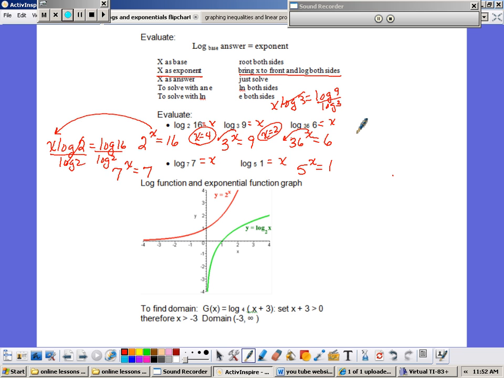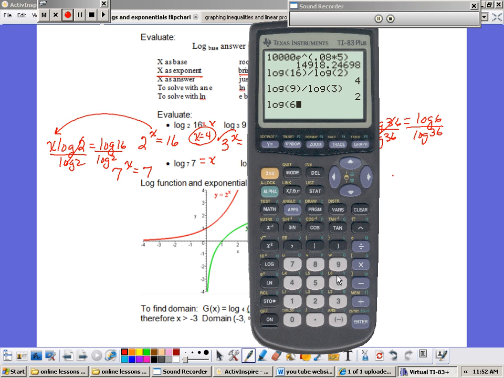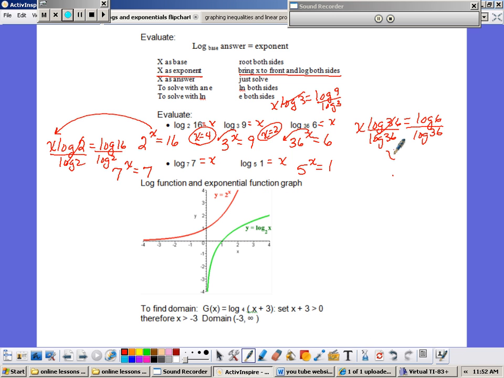Bring the x out front. x log of 36 equals the log of 6. Divide by the log of 36. The log of 6, close those parentheses, divided by the log of 36, close those parentheses, equals 0.5. x is equal to 0.5.